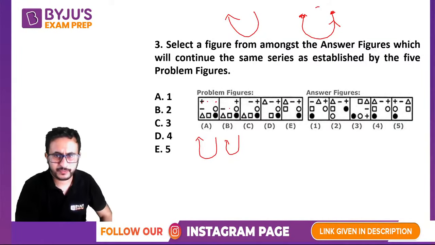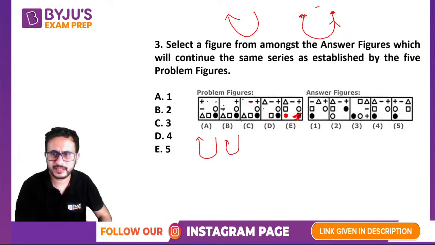So let us take it clockwise. What is happening in clockwise is the one which is at the head goes to the tail. So this is the head, this will become the tail. This is the head, this will go after the tail. This is the head, then it comes here. So now this is the head, it will go after the tail. So we will have this black circle here.